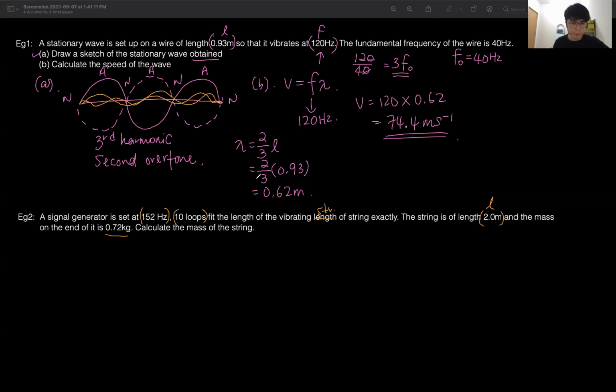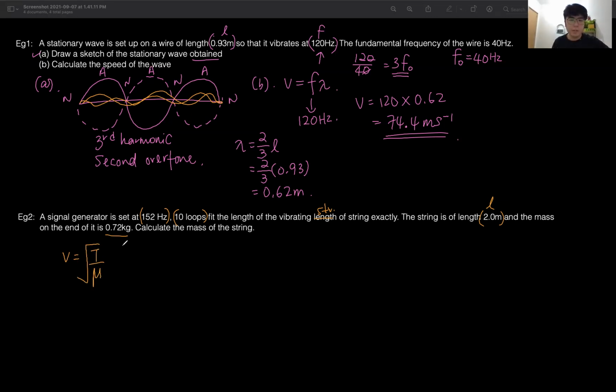Okay, how do we start? Mass of the string. So I can use what? The velocity formula, right? From here, velocity equals the square root of T over mu.